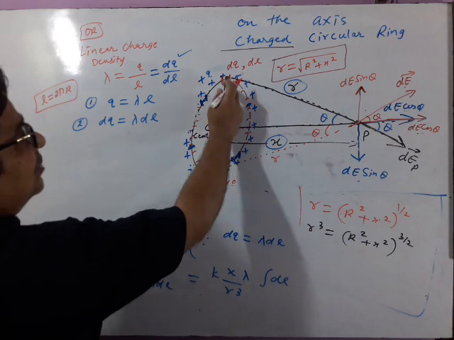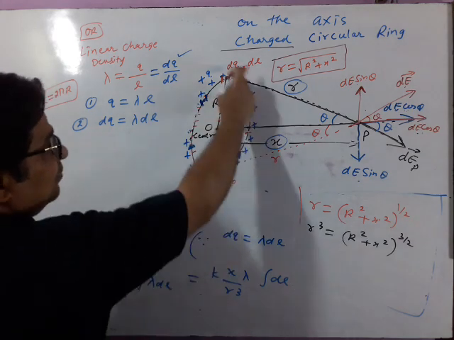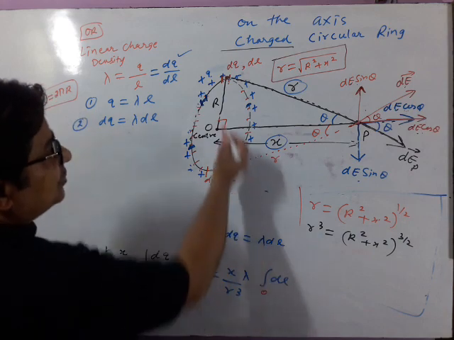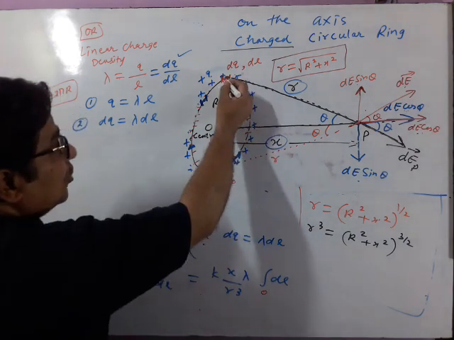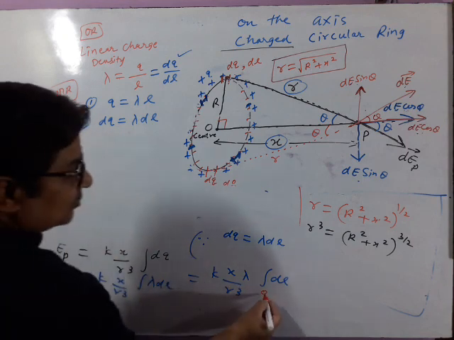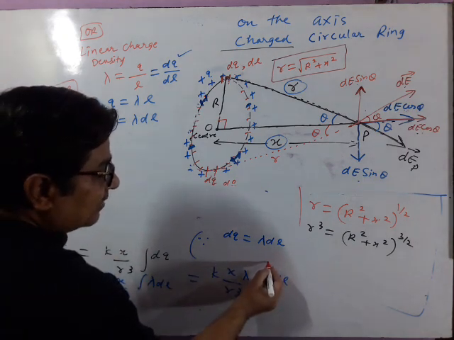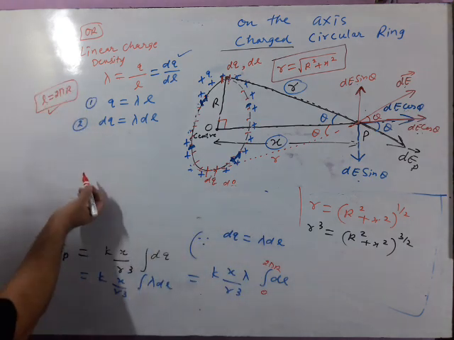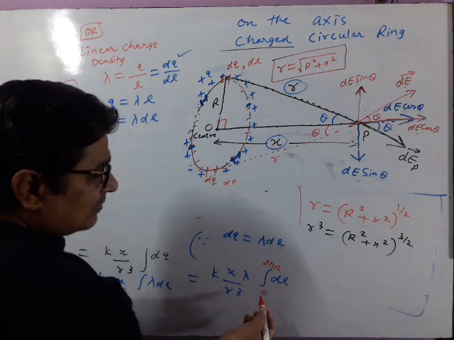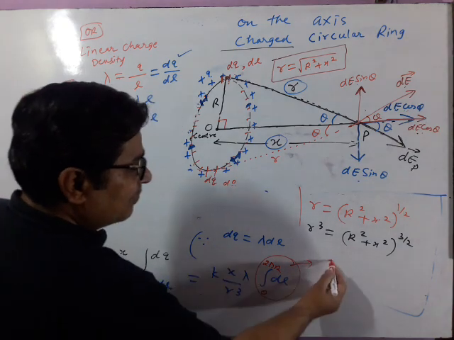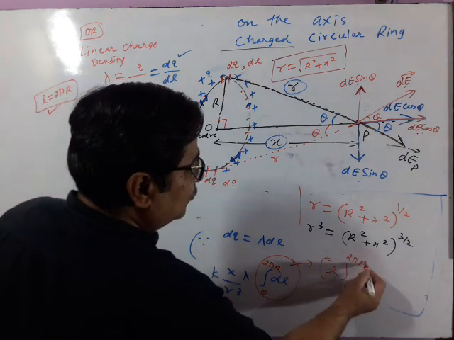See, integration of dl, this small element, you may write in two ways. First, from 0 to the whole length of the circumference, which is 2 pi r. So you may write 0 to 2 pi r, or you may write 0 to L because it is length. Are you getting it? So integration of dl will be l from 0 to 2 pi r.